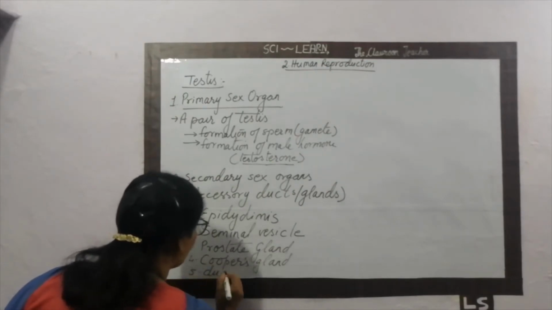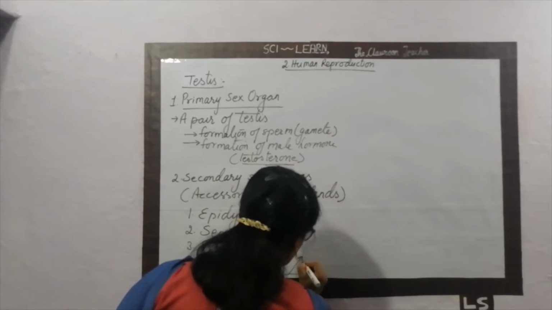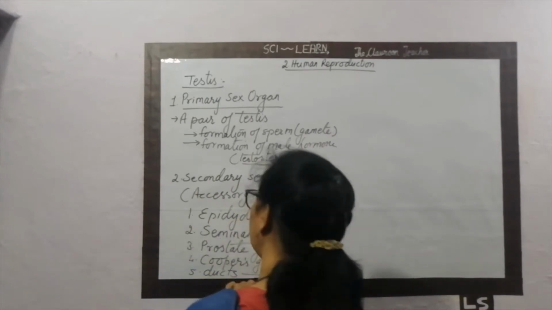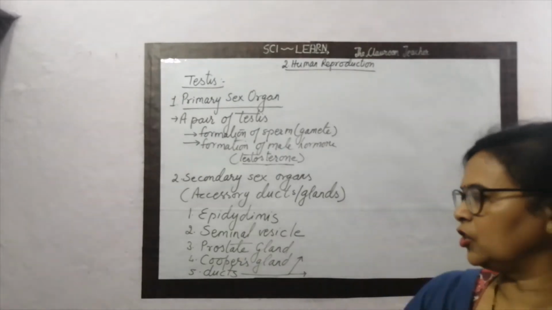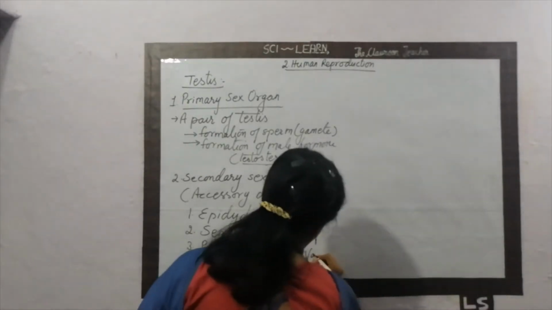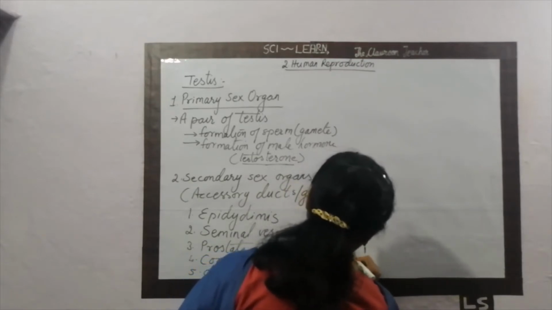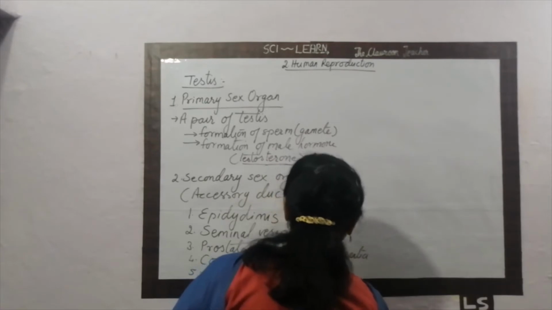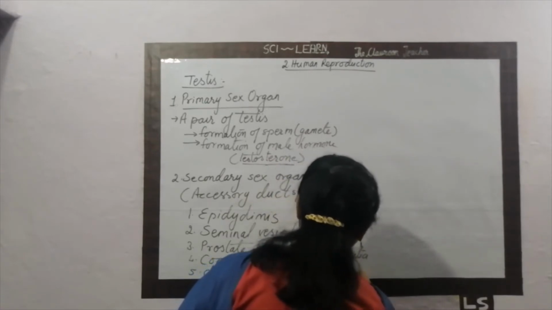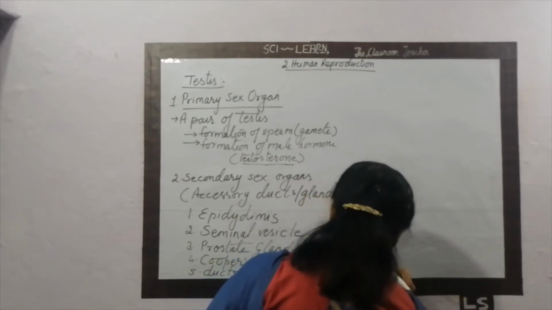The two important ducts we have to mention here. One is called the vas deferens. And second is called the urinogenital duct.